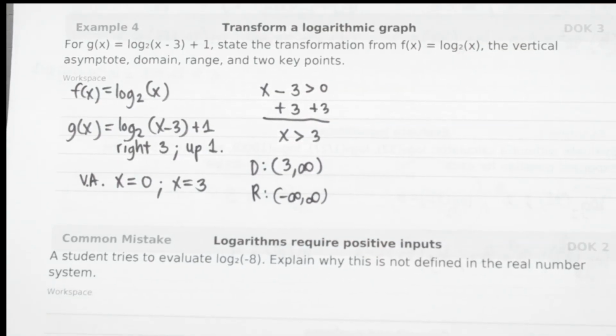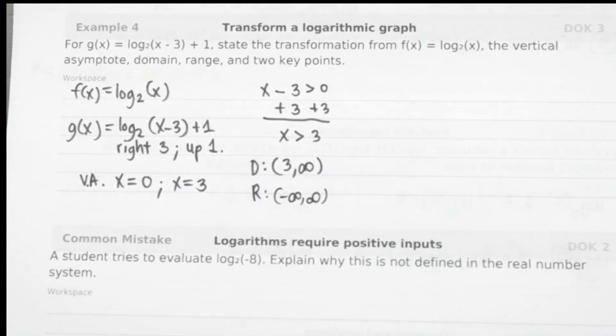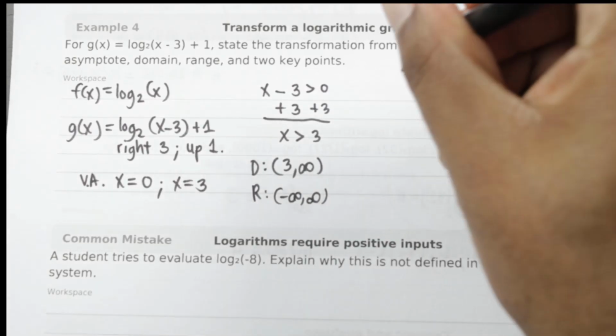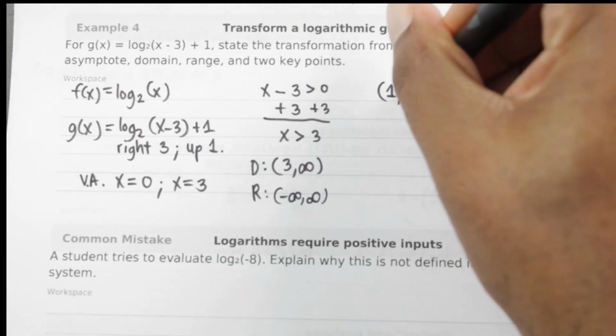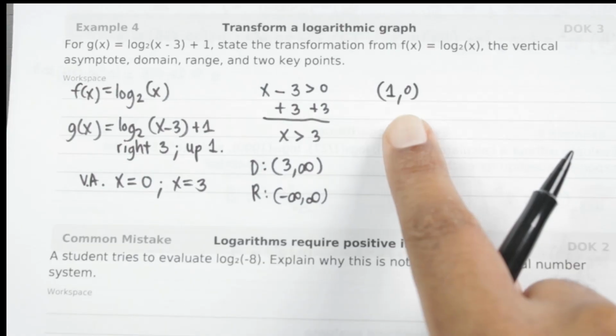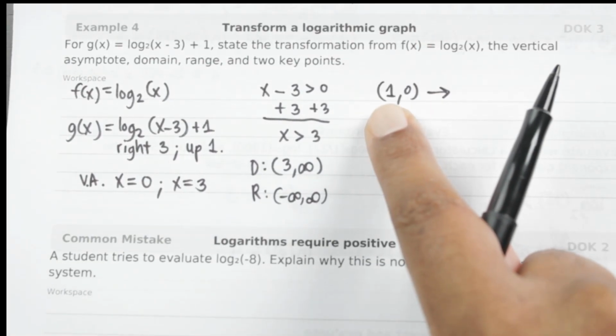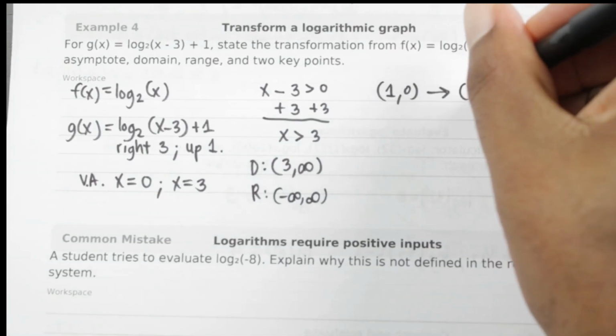Now, it says find 2 key points. Okay, so all that is just substituting numbers in there. We can find 2 key points by shifting the parent points, right? The parent point is 1, 0. So we shift that to the right 3 units and up 1 unit. So if we go to the right 3 from 1, that's going to give us 4.